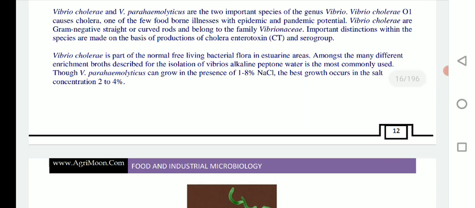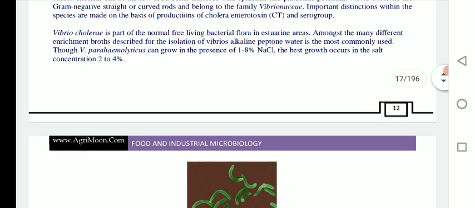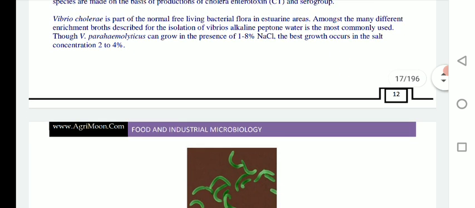Vibrio cholerae is a part of normal free-living bacterial flora in estuarine areas. For isolation of Vibrios, alkaline peptone water is the most commonly used. Though Vibrio parahaemolyticus can grow in the presence of 1.8% NaCl, the best growth occurs at a salt concentration of 2 to 4%.